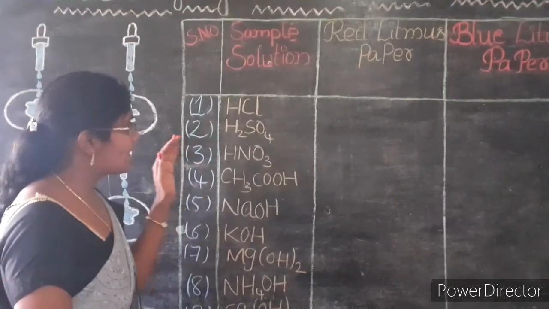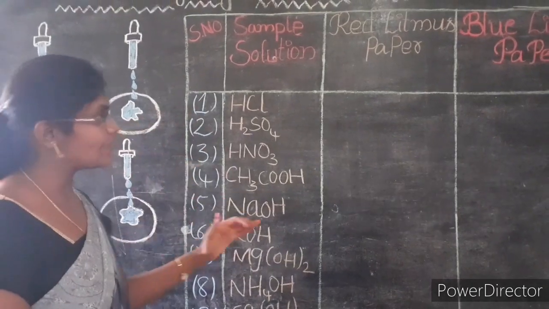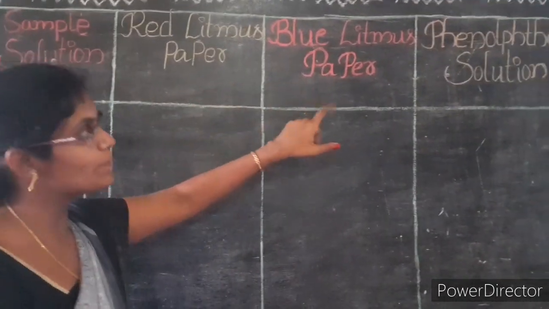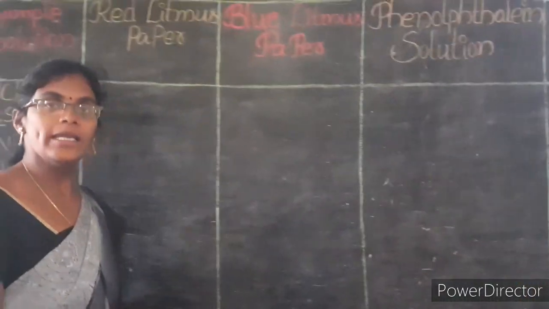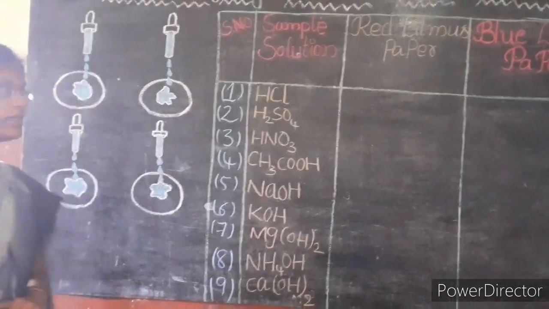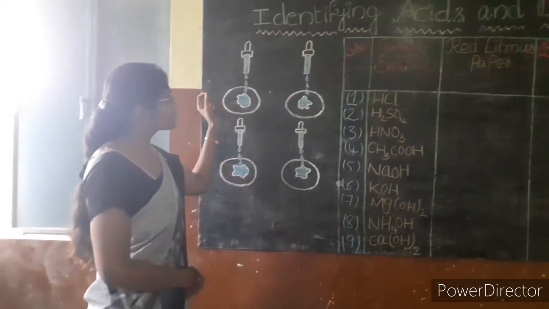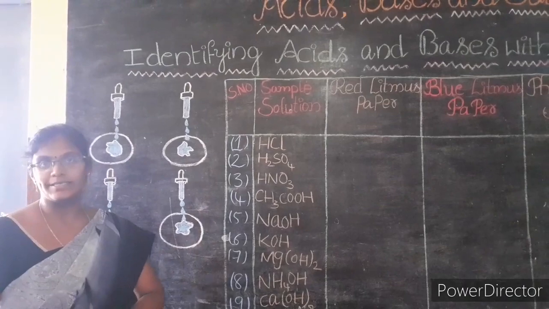Now, in this activity we are testing the acids and bases with indicators like red litmus paper, blue litmus paper, phenolphthalein solution and methyl orange solution. Here we are identifying which substance is acid and which substance is base. For that, take 4 watch glasses and take dilute solutions of these substances.